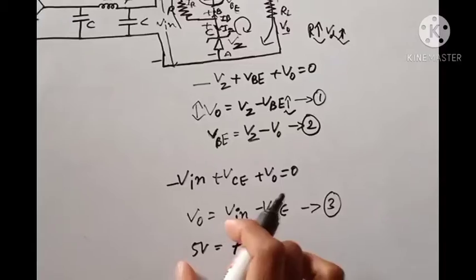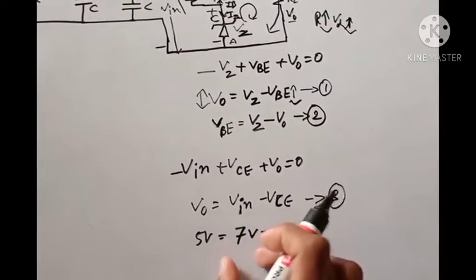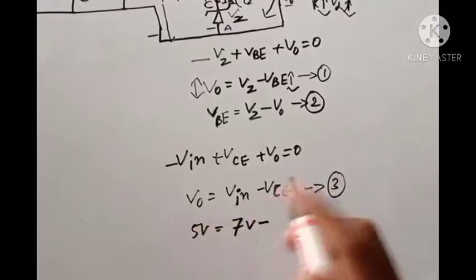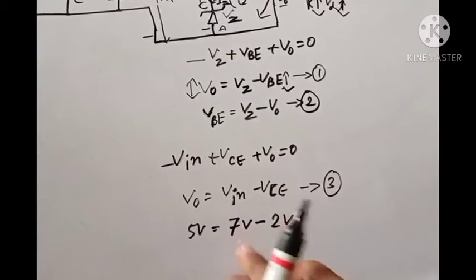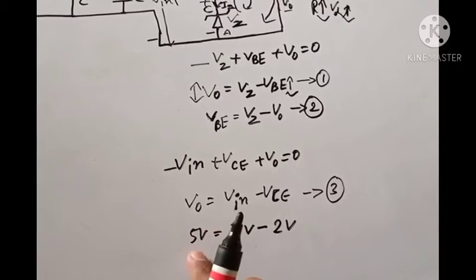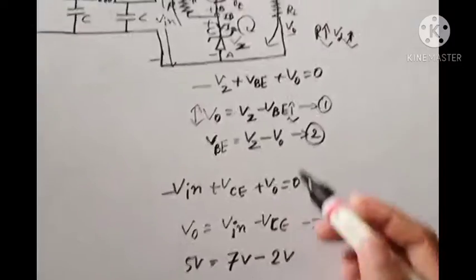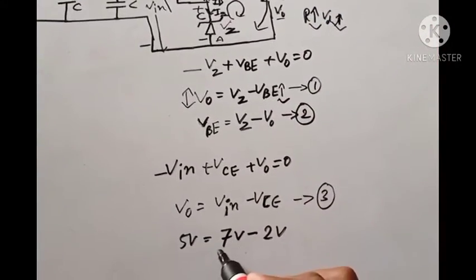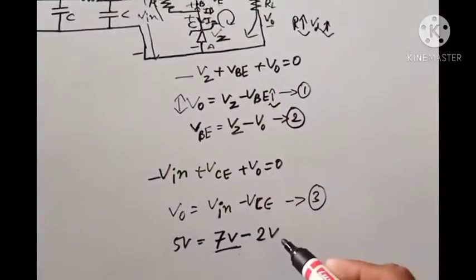To get the output, what value should be subtracted from 7 to get the 5 volts? So 2 volts should be subtracted from the 7 volts input to get the 5 volts output. So if the input is 7 volts, then the VCE voltage is 2 volts to get the output of 5 volts.